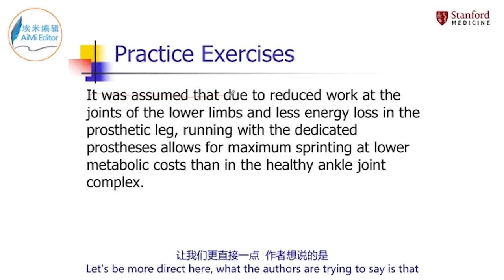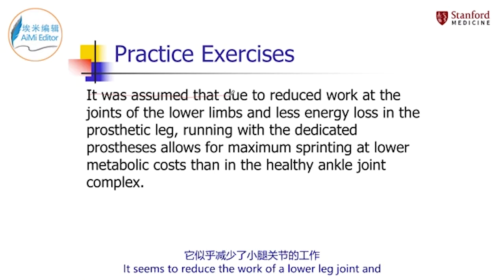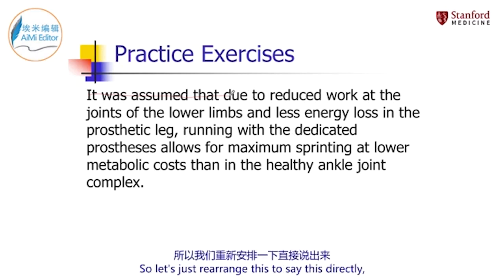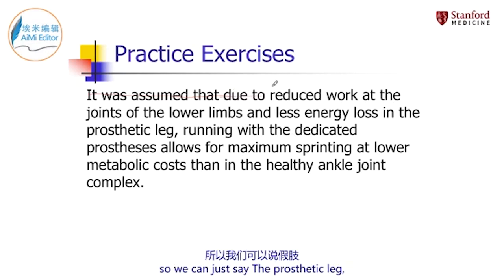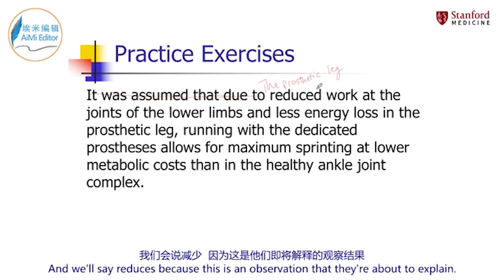Let's be more direct here. What the authors are trying to say is that the prosthetic leg has an effect that they discovered in their paper. It seems to reduce the work of a lower leg joint and to reduce the energy loss in the lower leg joint compared with a healthy ankle. So let's just rearrange this to say that directly. So we can just say the prosthetic leg, and we'll say reduces, because this is an observation that they're about to explain.